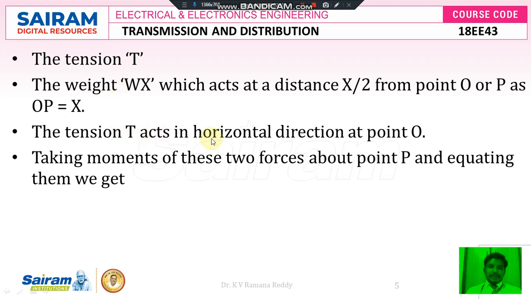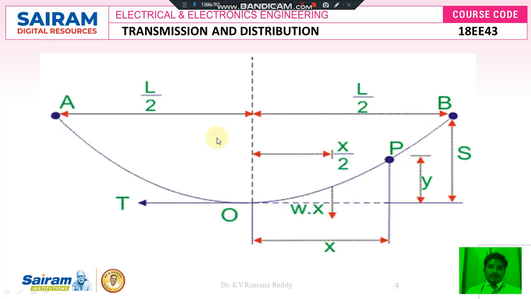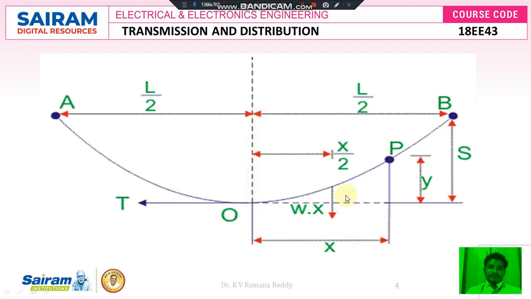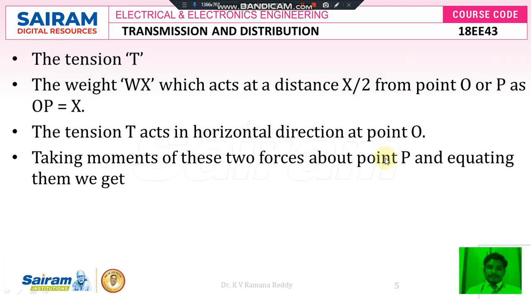The tension T acts in the horizontal direction at point O, and the weight Wx acts at a distance of x by 2 from point O or P as shown. OP is equal to x. The weight acts in the downward direction.